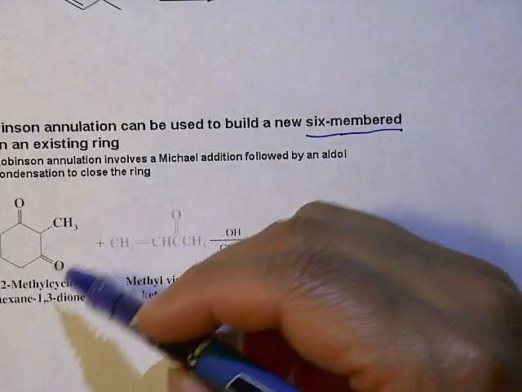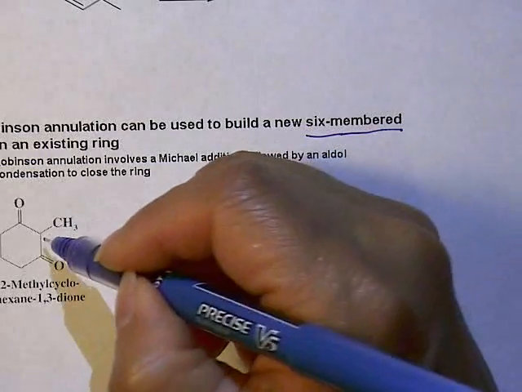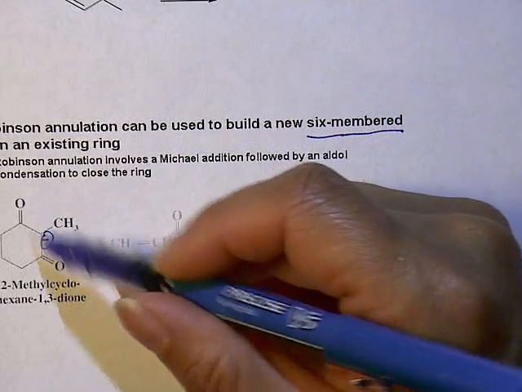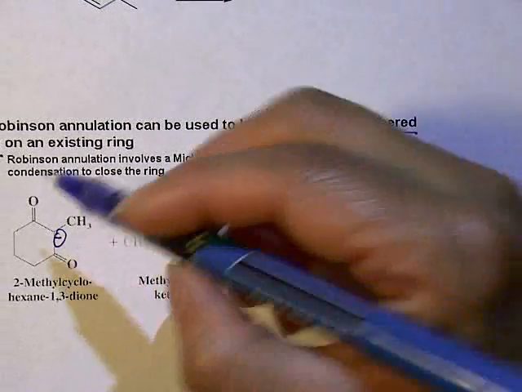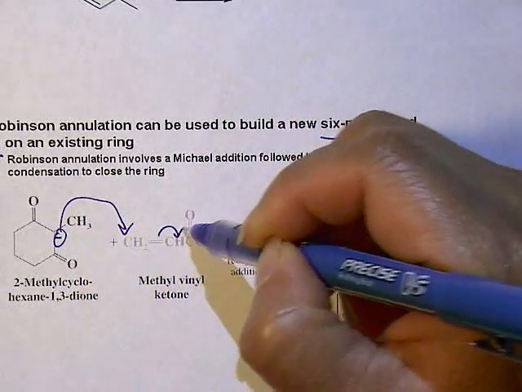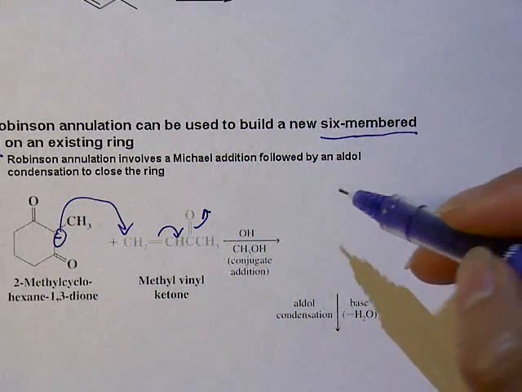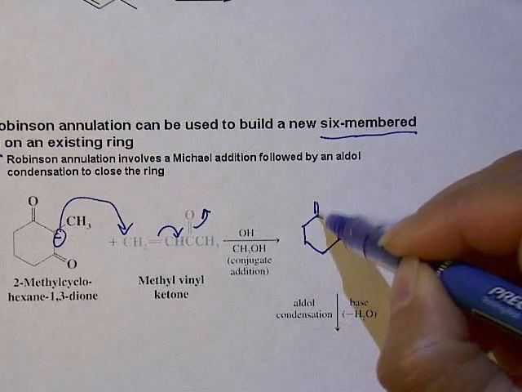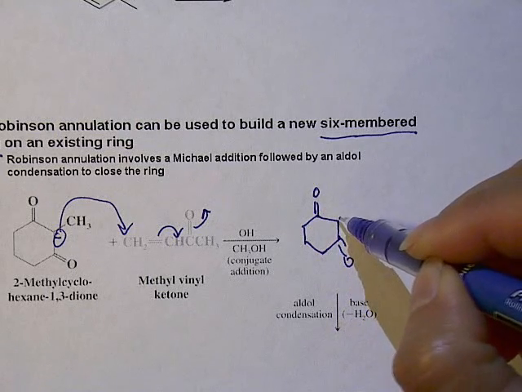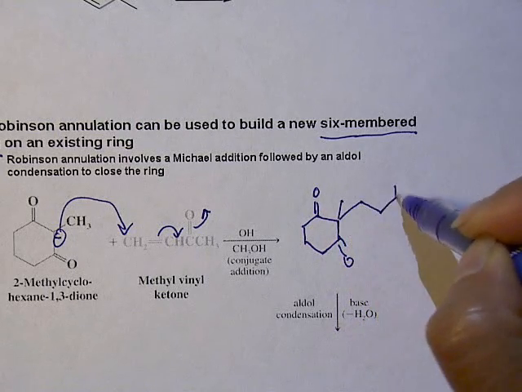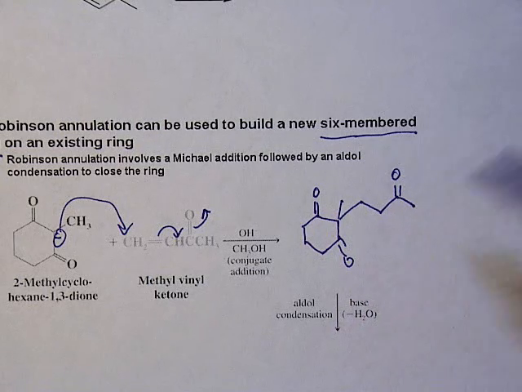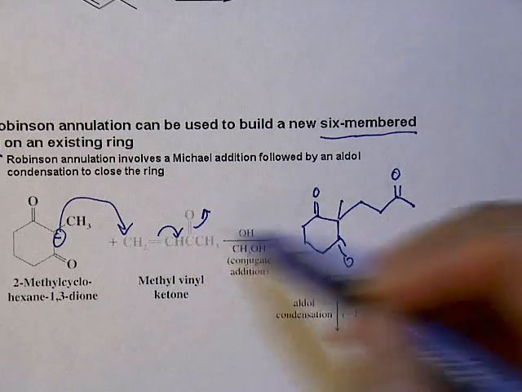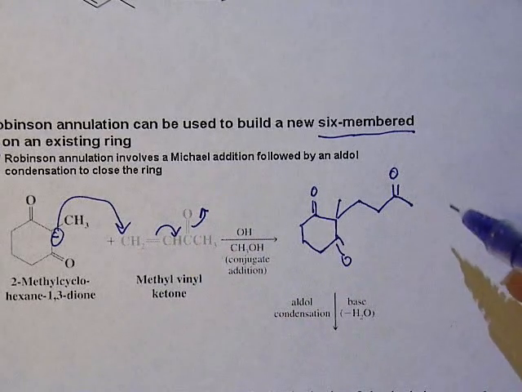You make the enolate with the base, and because it's a doubly electron withdrawing group enolate, it's going to readily do the Michael reaction. And when you do the Michael reaction, you get this intermediate. It forms the enol, which is going to tautomerize to the ketone form.